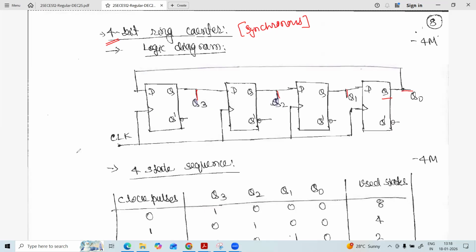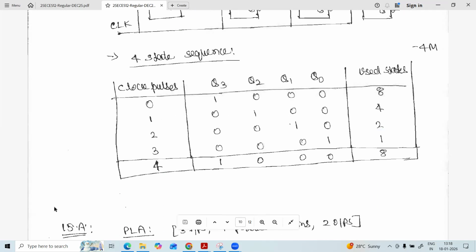Now if you see this sequence, how it is going to generate and how it has 4 unique states: if you take the initial clock pulse with combination 1, 0, 0, 0, this is the output of the flip-flops. Now this Q0 is given as input to the first one. So this 0 will come here and the remaining are going to shift.